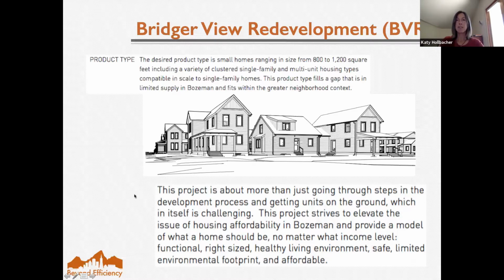This project still has very high aspirations, is using passive house targets to guide some of the decisions around building envelope, and is also going for the Department of Energy Zero Energy Ready program and LEED for neighborhood development.